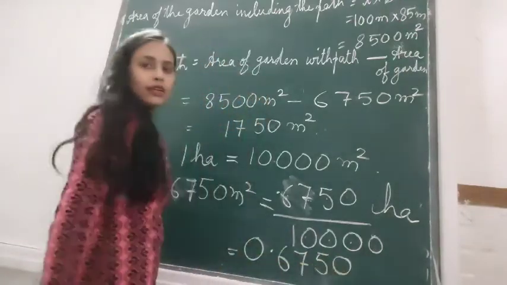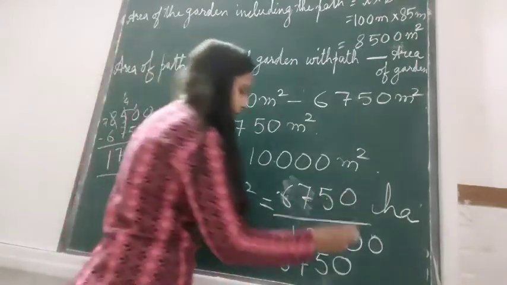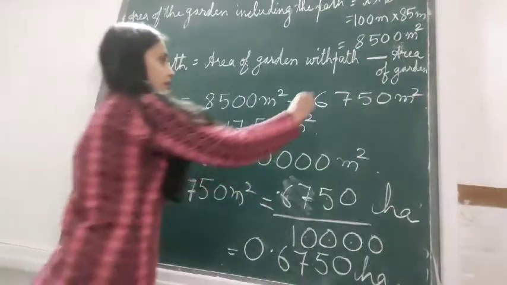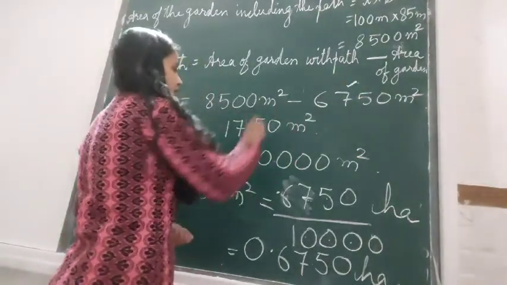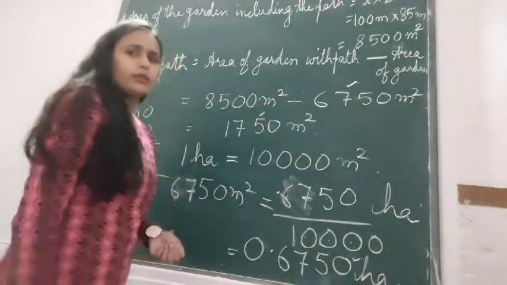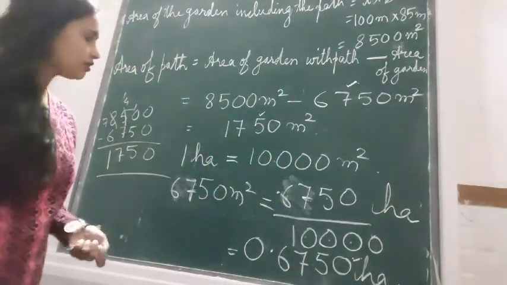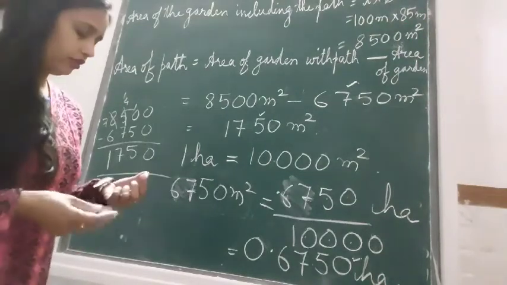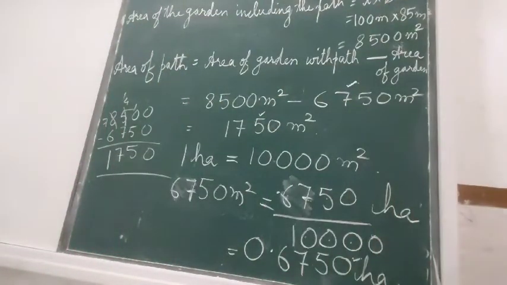If you want, you can include the 0 or you can leave them also. Hectare. So we have 3 answers. 1, 2 and this is the third one. Actually this is not the answer because area of garden in meters is not asked. Okay, but still. So this completes question number 1. Then we move to the next question, that is question number 2.